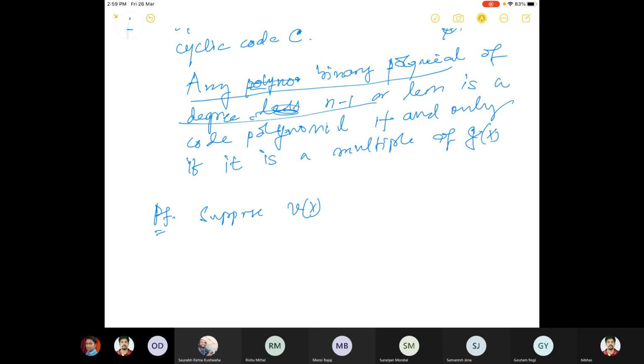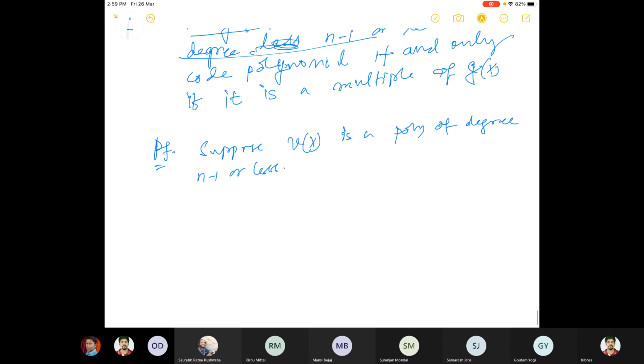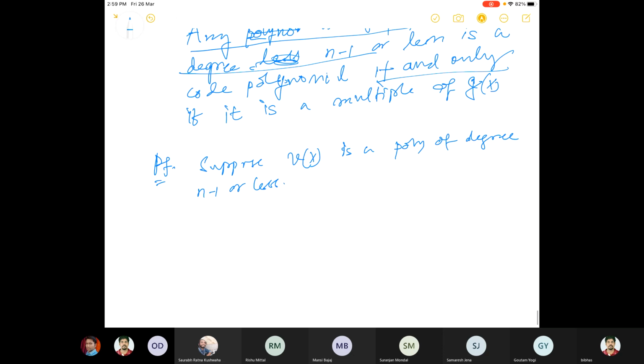So this is if and only if. I'm first assuming the only if part. That means I'll assume that it is a multiple of g(x), any polynomial of degree n minus 1 or less which is a multiple of g(x). I'll show that it is a code polynomial.